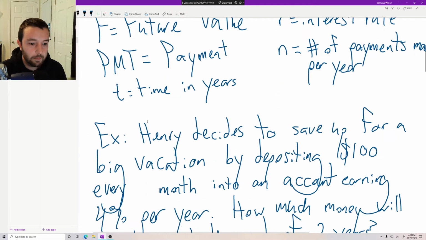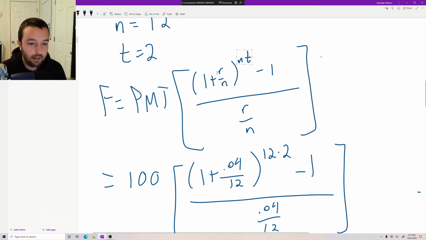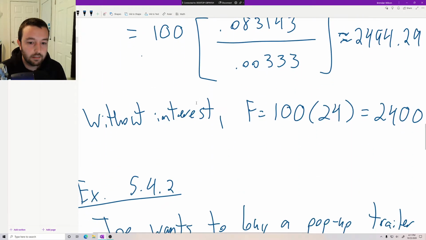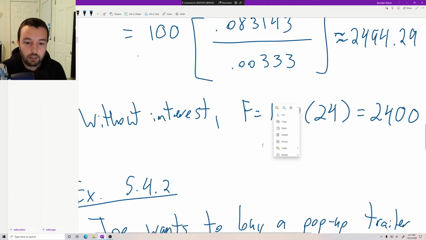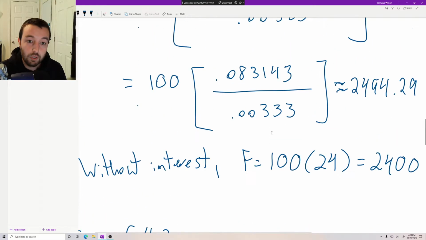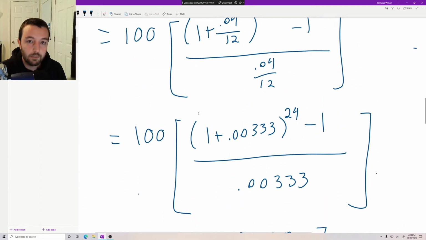Now I remember. We talked about if we didn't have all of the interest rates and everything, then without interest, this is all we would have to do. We just took the $100 we were saving and multiplied it by 24 months to see how much money we would have. This is something that would be growing linearly. With the interest added in, it was growing exponentially. Okay.